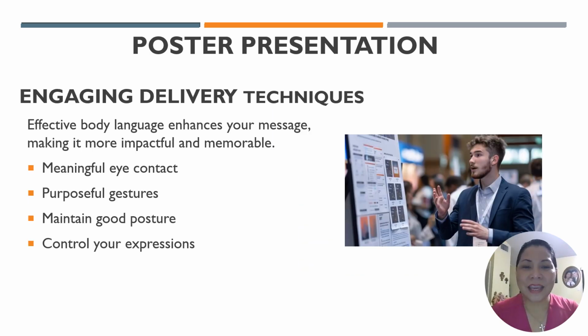Other ways to engage your audience or your viewers include effective use of your body. So, for example, meaningful eye contact, looking at them while you are talking with them. Now, this is also very useful because it will help you avoid just reading off your poster. Reading off your poster is a total no-no.